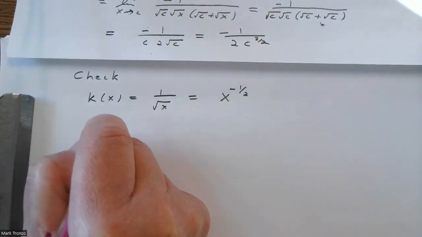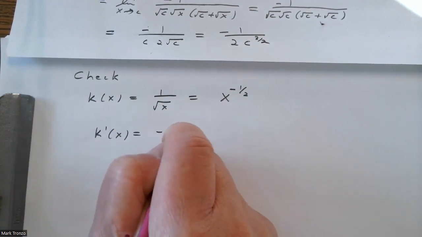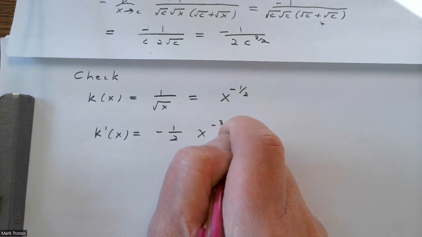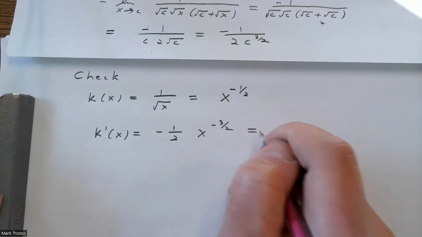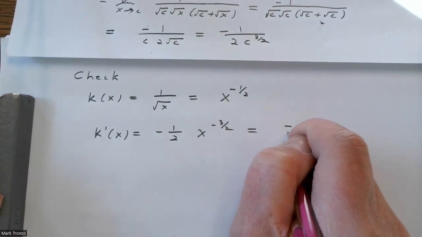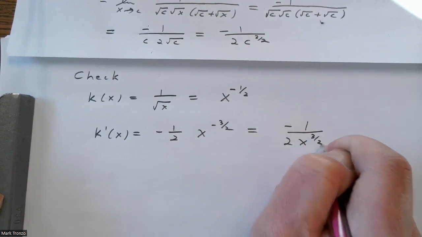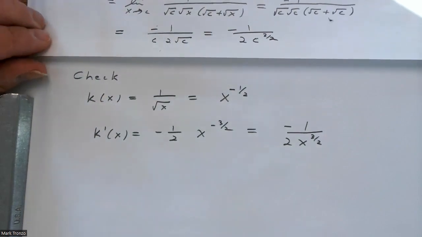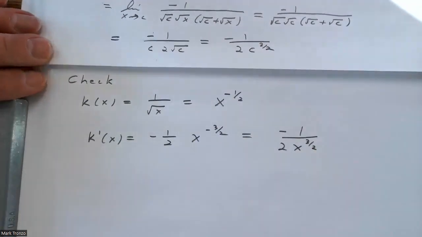If we use the rule, bring the negative 1/2 down, x to the minus 3/2. And if we want to rewrite that, we could rewrite that as negative 1 over 2x to the 3/2. So it looks like we got the same thing. Any questions on that? Any questions at all?